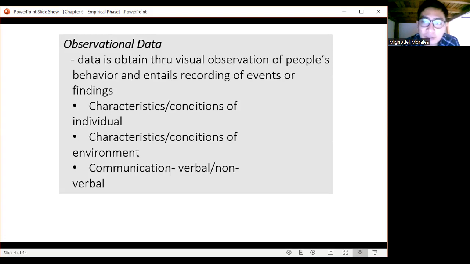We have the characteristics and condition of individuals, the characteristics and condition of the environment, and non-verbal communication. This is very important, specifically in qualitative phenomenology. You are observing not only the individual but also the environment where you are conducting your interview, and you must also be sensitive to nonverbal communication.